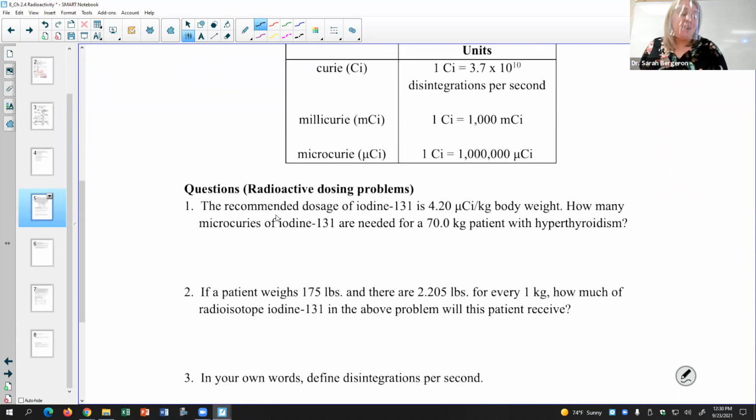So when we talk about treating patients with radiation, we want radiation that is going to decay very, very, very rapidly, right? So it's important that we use the right radioactive isotopes for the right things. If you want to carbon date a rock, do you want it to decay very quickly?